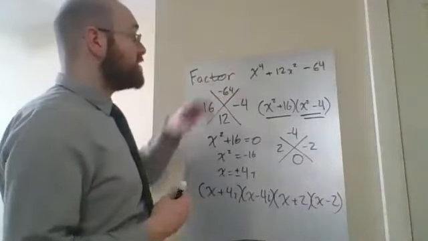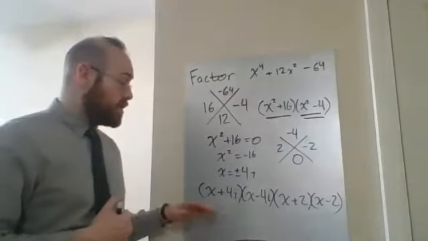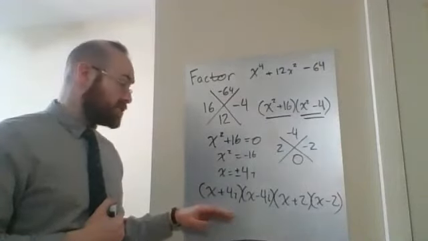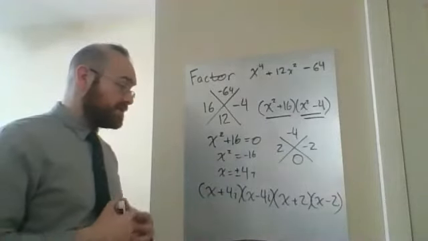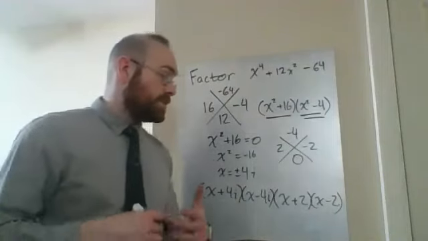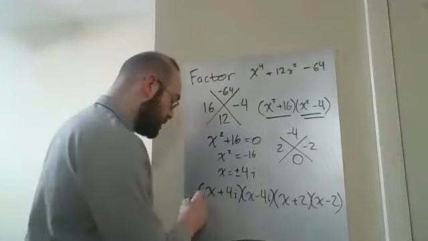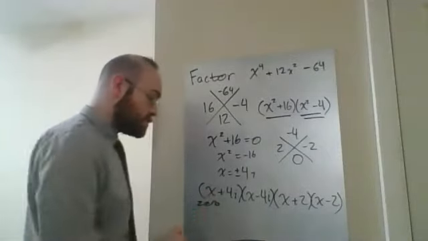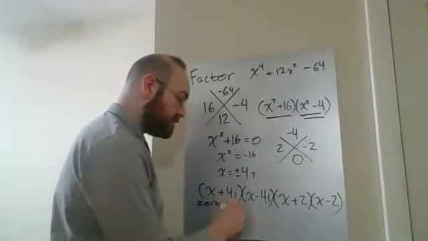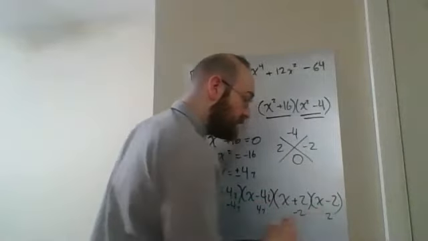We can completely factor x to the fourth plus 12x squared minus 64 to the linear factorization x plus 4i times x minus 4i times x plus 2 times x minus 2. Now, if we wanted to go one step further and identify these zeros, we would have negative 4i, positive 4i, negative 2, and positive 2.